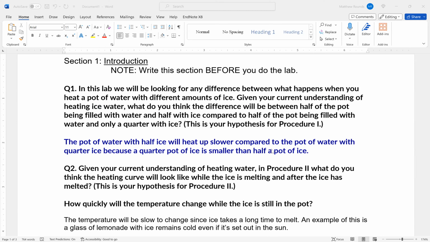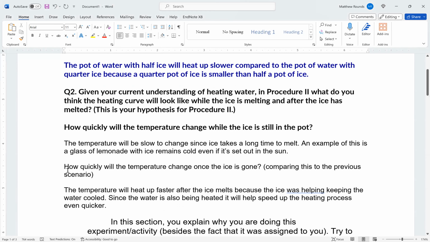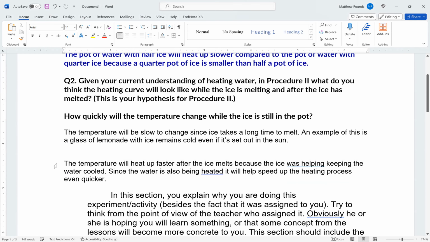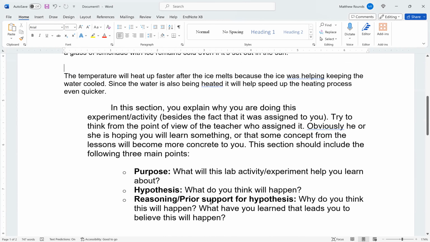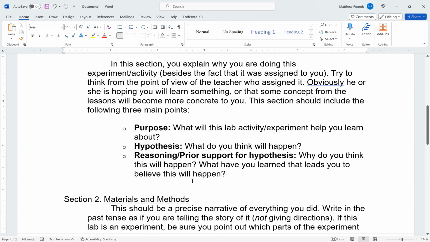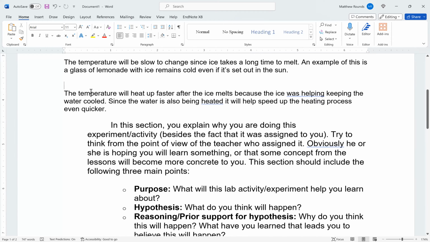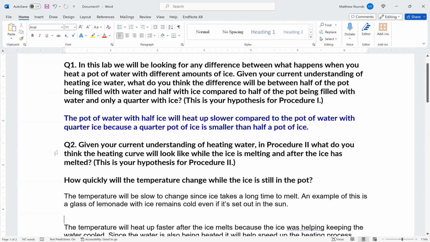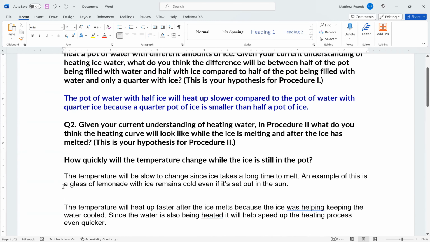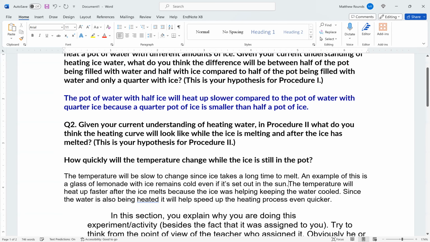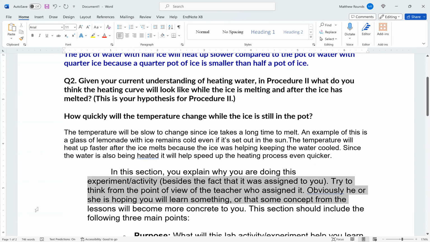What I'm not sure of is if we're supposed to put our answers into this section, or if we are supposed to leave it as the question answered. I'm not sure either. I'll double check it later.